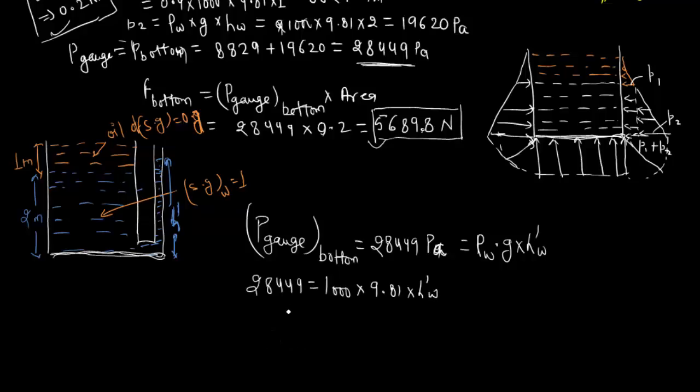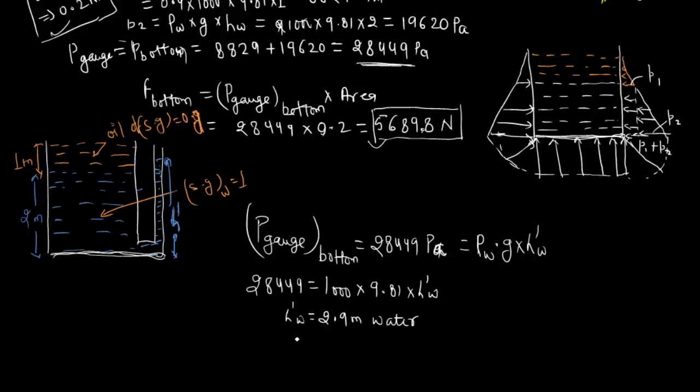So let me calculate. h dash of water in this case will be 28449 divided by 9810. So this will be equal to 2.9 meter, and actually this 2.9 meter is only due to water.